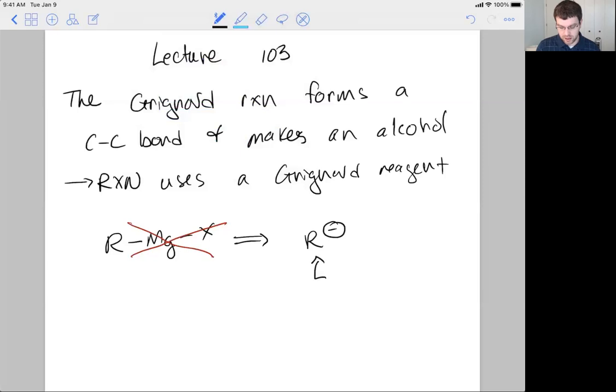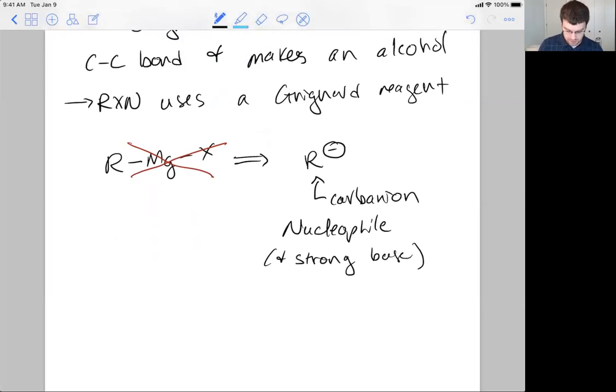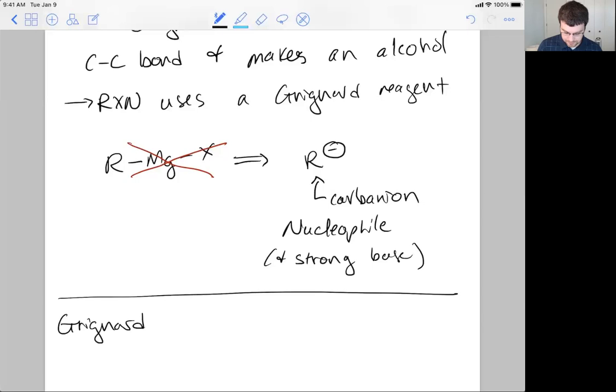This is a carbanion. What I want us to do is take a step back and recognize that this negatively charged species looks a lot like a nucleophile, and that's in fact exactly what it is. So it is a good nucleophile, and it's a strong base. I'll just mention something quickly about its basicity. Grignard reagents are strong bases.